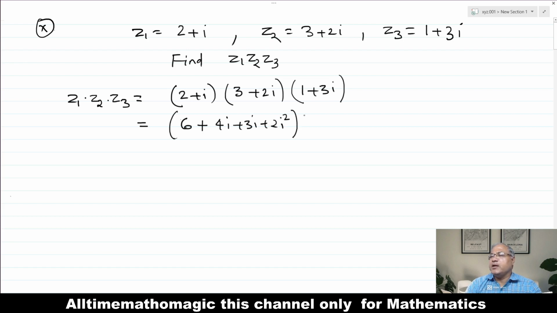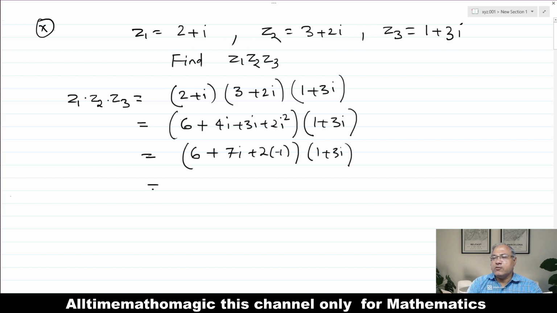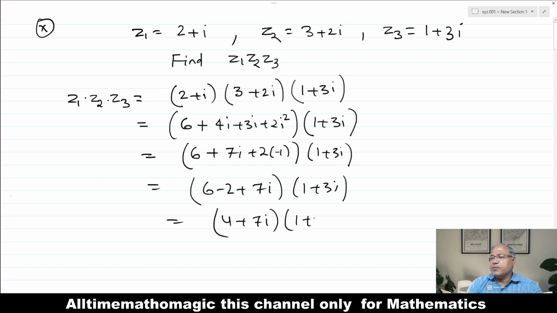I handle the first two brackets and keep the third bracket as it is, that equals 6 plus 7i plus 2 into minus 1, into 1 plus 3i, that equals 6 minus 2 plus 7i, and 1 plus 3i equals 4 plus 7i multiplied by 1 plus 3i. So 4 plus 7i is the result of Z1 into Z2. Now we'll multiply with Z3.